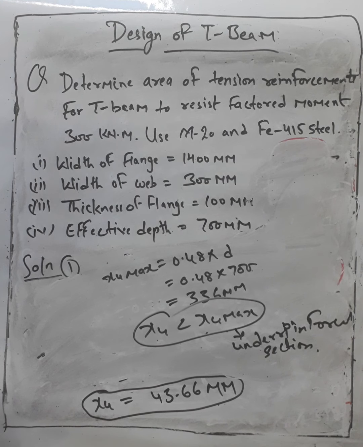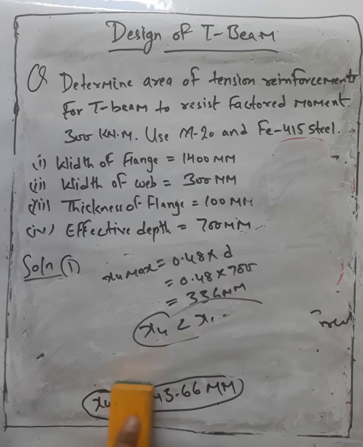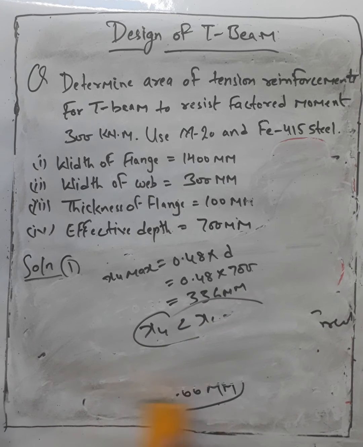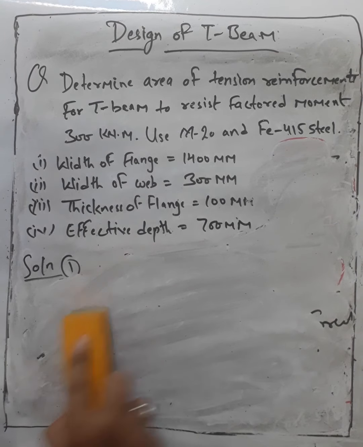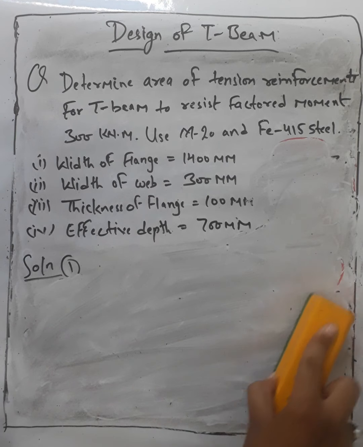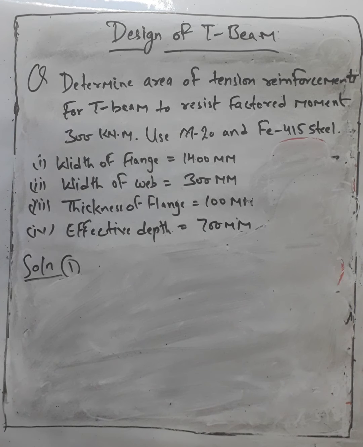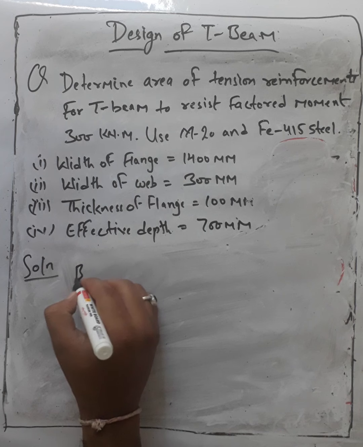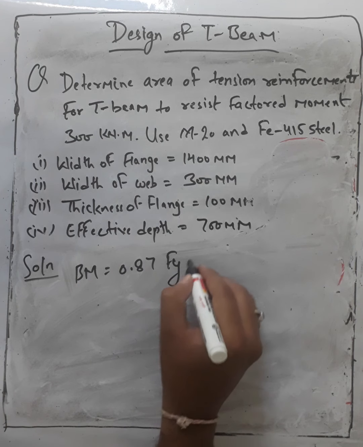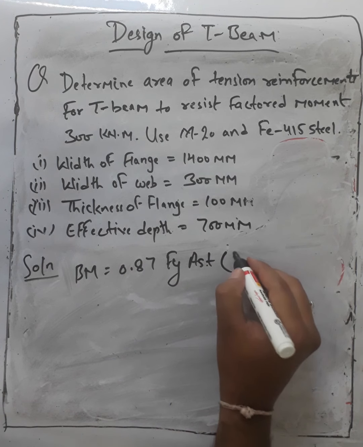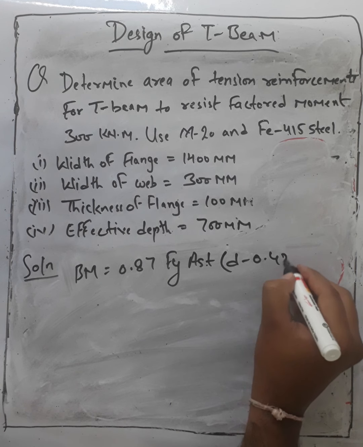In that case, to find the Ast, you have to take the formula of the tension side equation. So let's take that formula and find the value of Ast. So bending moment is equal to 0.87 fy Ast (d minus 0.42 xu).